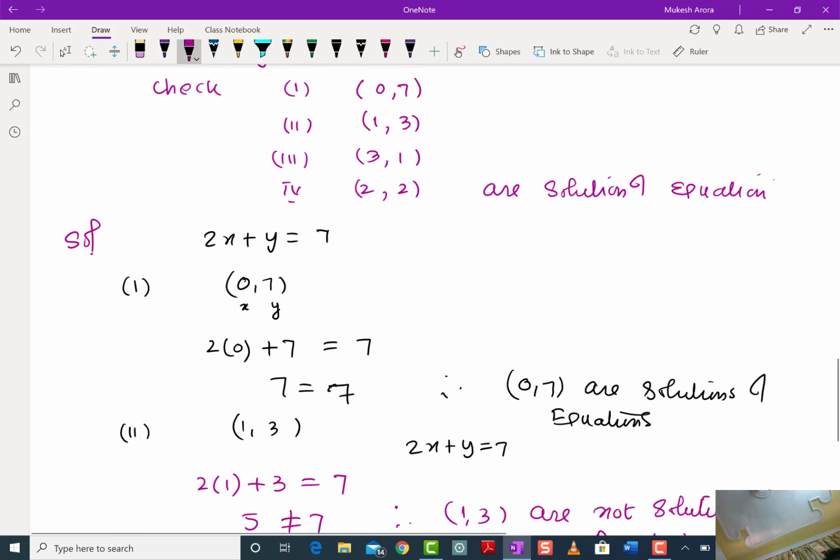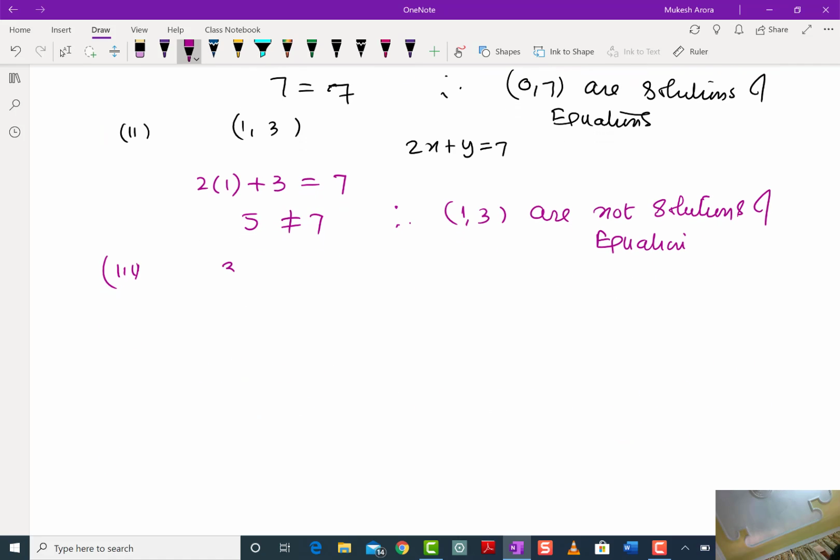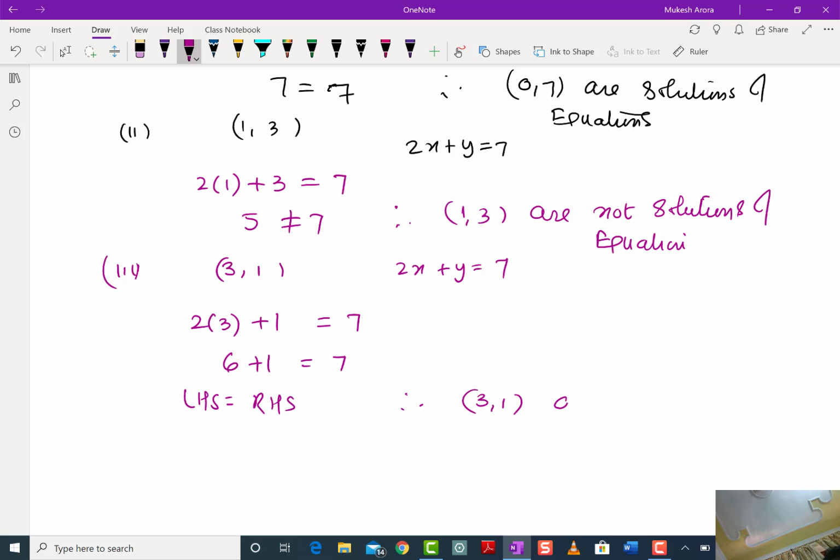Third value is 3 and 1. Now x is 3, the equation was 2x plus y is equal to 7. 2 into 3 plus 1 should be equal to 7. 6 plus 1 is equal to 7. So left hand side is equal to right hand side. Therefore 3 and 1 are solutions.